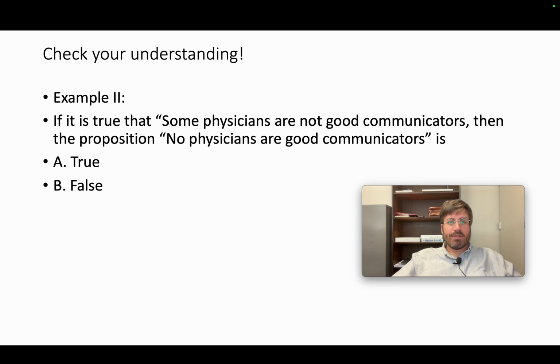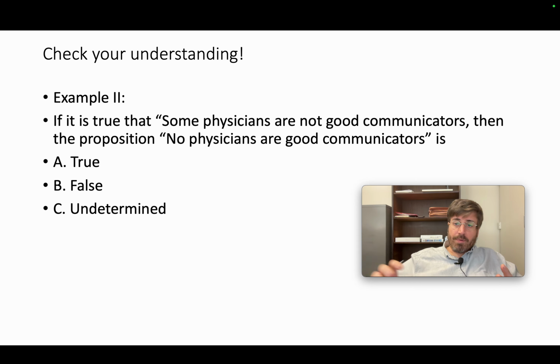Is it false? Or is it undetermined? So the first thing you want to do is think about the type of category that the first sentence is. Where does it fit on the square? And then try to think about the category of the second sentence, "no physicians are good communicators." And then think about what is the transformation that's occurred. What type of opposition has happened on the square, in terms of which we can come up with the truth value.